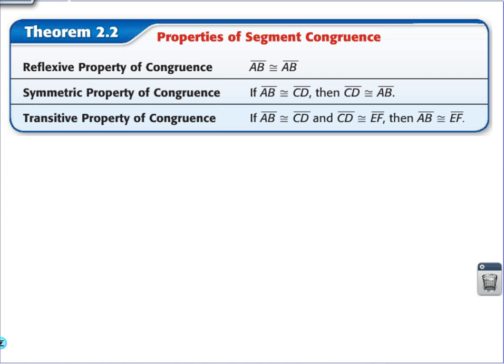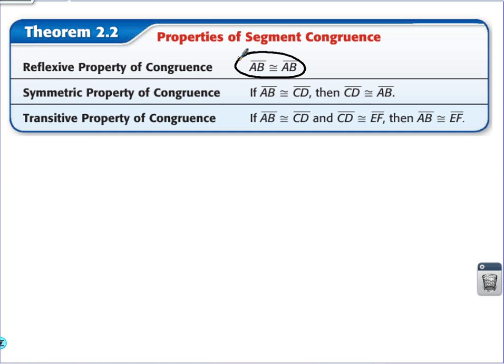The reflexive property of congruence says every shape is congruent to itself. Every shape. Not every measure, not 3 equals 3. That's not what we're saying anymore. Every shape is congruent to itself. Every triangle is congruent to itself. Every angle is congruent to itself.